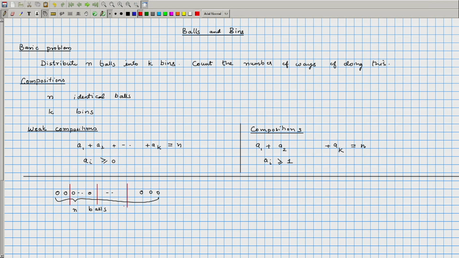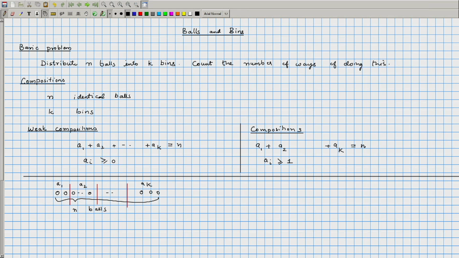If we have to split it into k bins, k minus 1 partitioning walls are required. Once the partitioning walls are put in place, whatever is between the start and the first partitioning wall can be thought of as A1, and between the first and second can be thought of as A2, and between the k minus 1th wall and the end can be seen as AK.